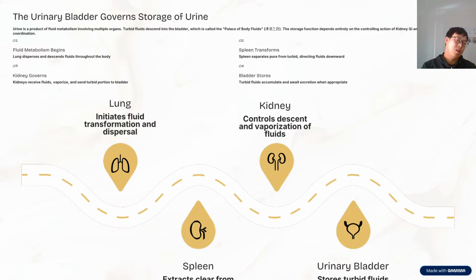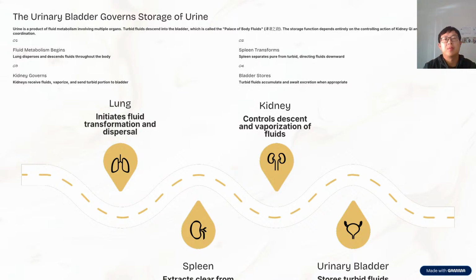Chinese medicine divides it into three parts: upper, middle, and lower. Each part has a special function. The upper part includes the heart and lung.